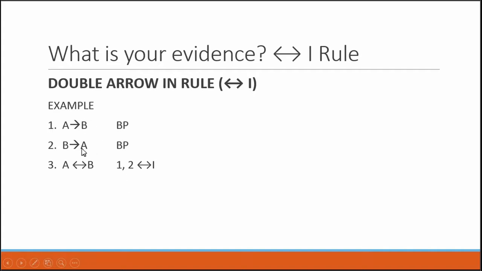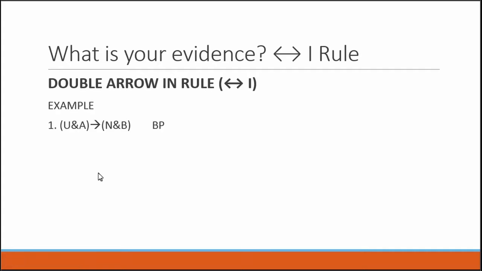Each of those lines must be a conditional, and then we cite the double arrow in rule. Let's have one more example. Oh, before we get to the other example, we could have also inferred this biconditional, B, double arrow A.